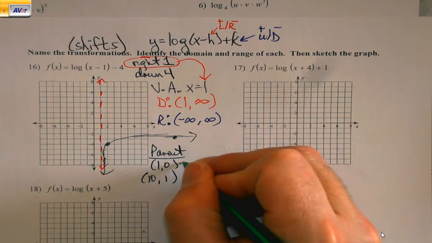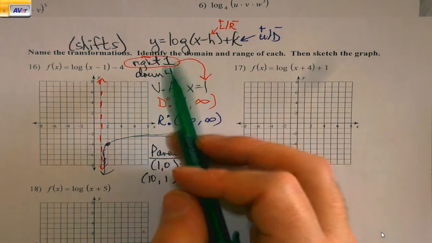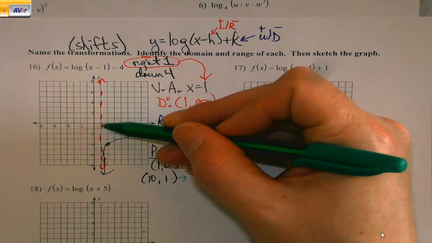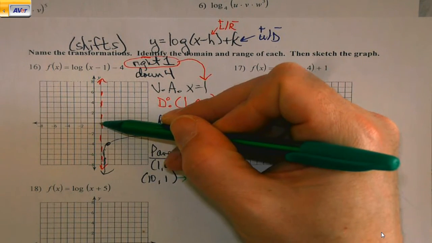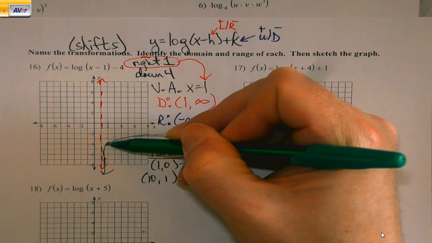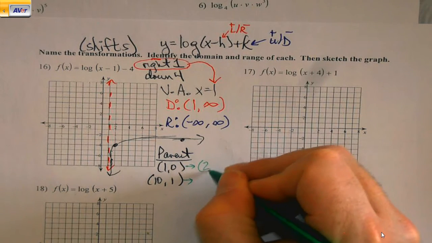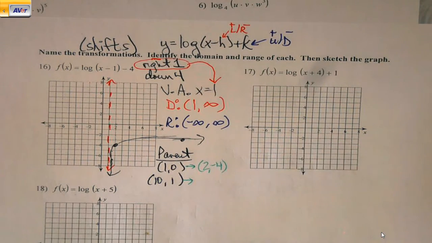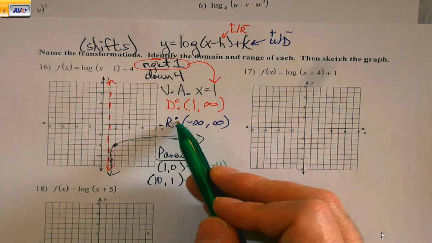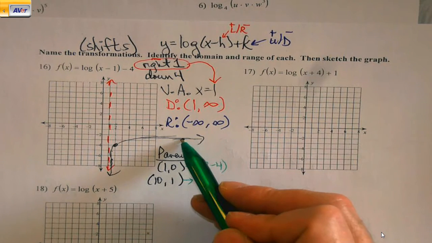What that means to you is if you take your parent points and then you shift them. So if I start at 1, 0 right here, and I go right 1 and down 4, oh, I ended up at my first point that I saw in my calculator. Okay, if I start at 10, 1, and I go right 1 and down 4.